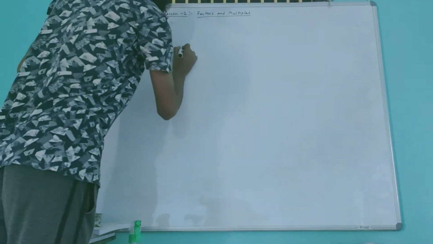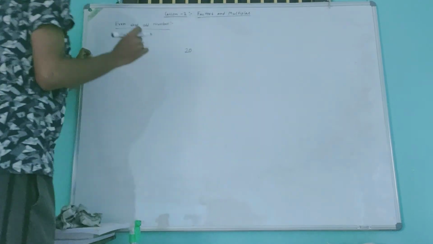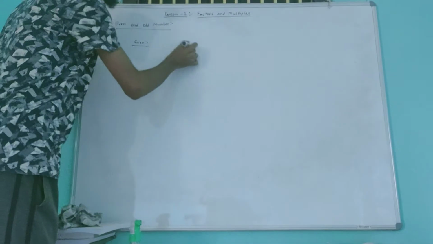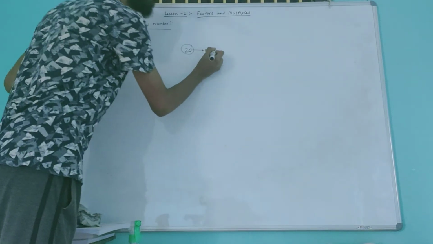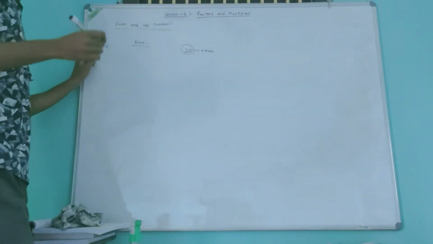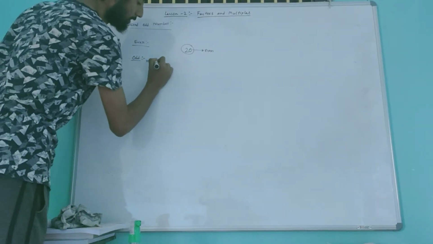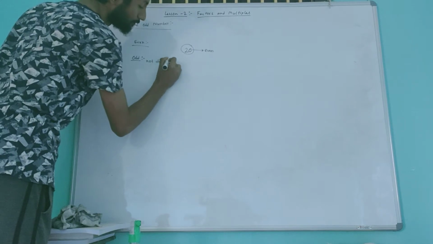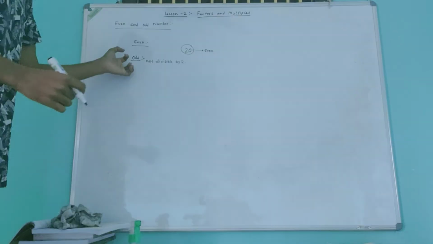That means if we say 20, it is also divisible by 2, so 20 is even. And the numbers which are not divisible by 2 are called odd numbers.